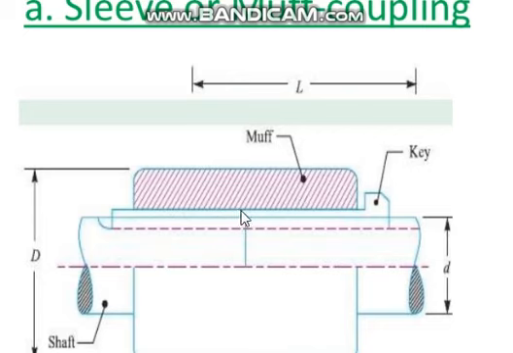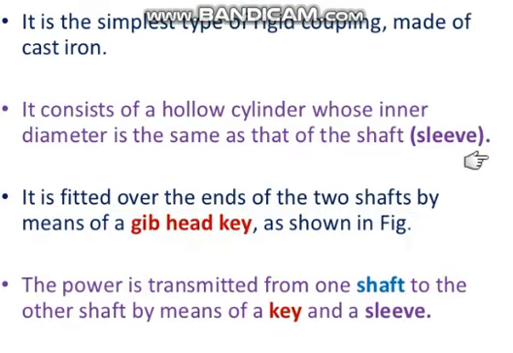So through this key, the sleeve, it comes to this key. This shaft rotates when the key rotates, and when the sleeve rotates, only then will this shaft rotate. So these are the things about the muff coupling.